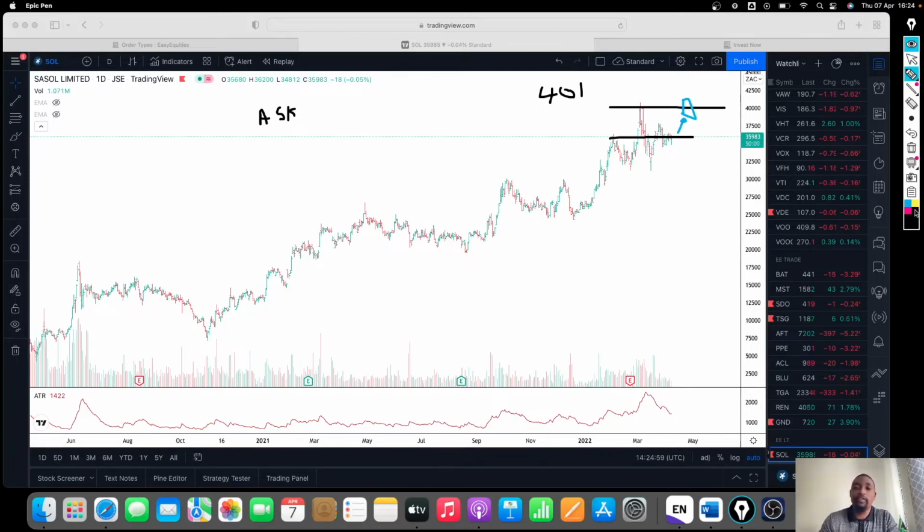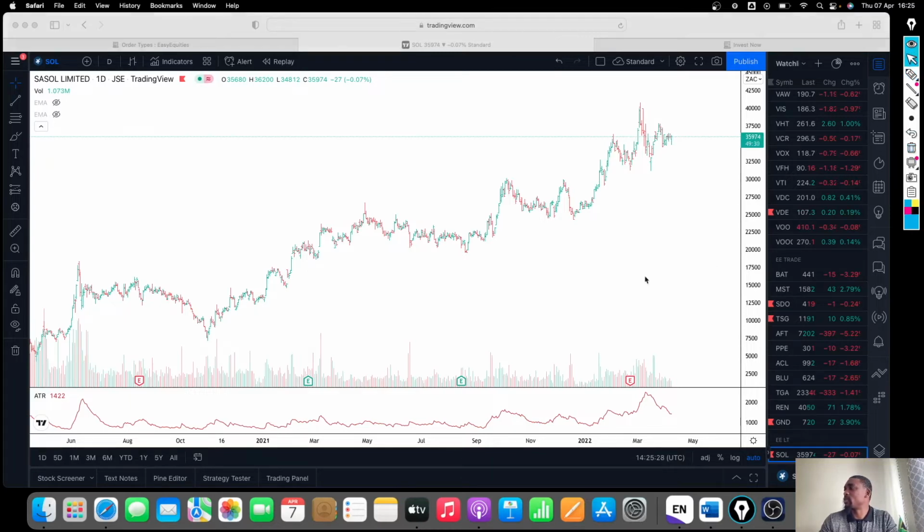And then for risk management purposes, depending on the risk approach that you are using, you can set your stop loss, maybe say at 380. Again, you will use a stop loss because the game plan is that you anticipate that once Sasol reaches 401 rand, it will continue to trade higher. So you want to limit your loss in case Sasol comes back and starts trading at that range. Those are the two order types that I normally use in my trading.